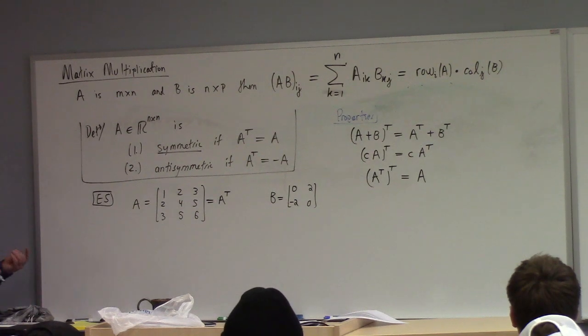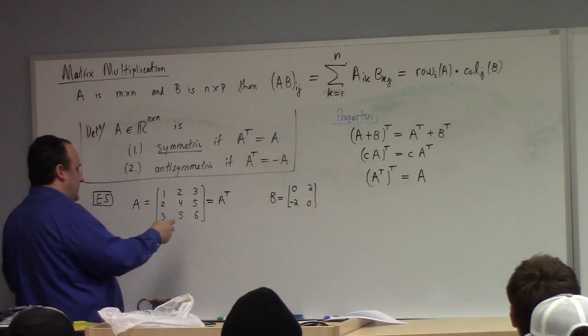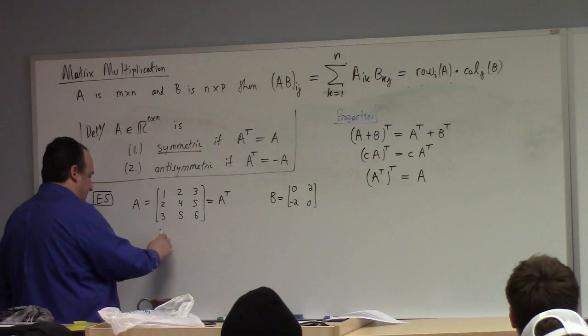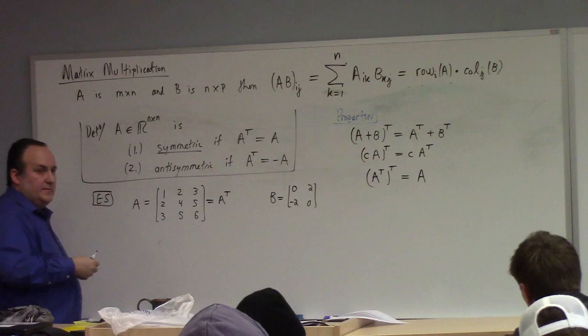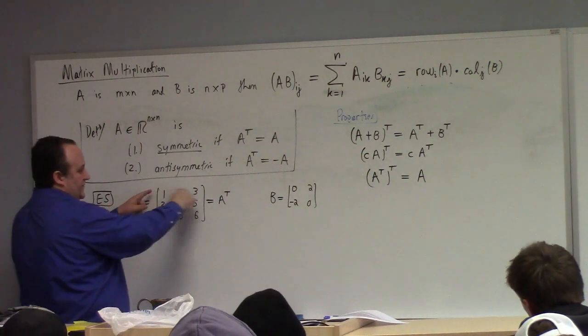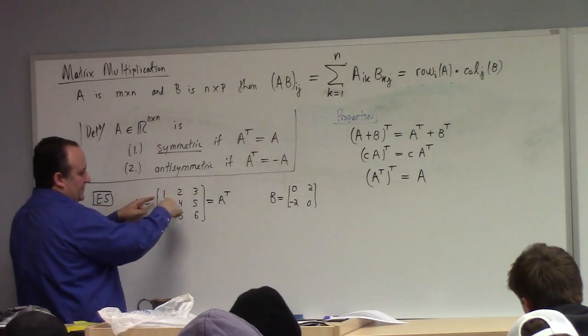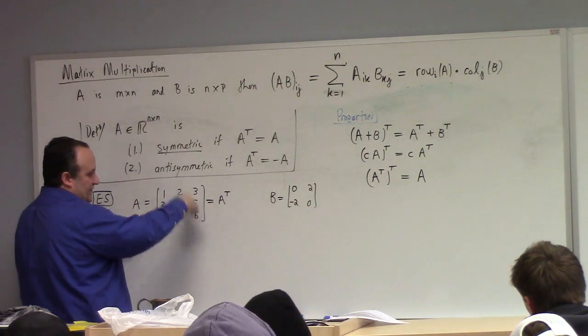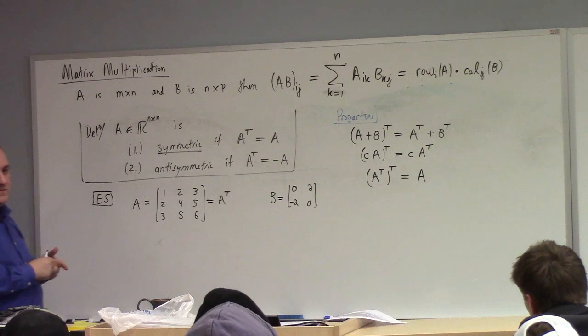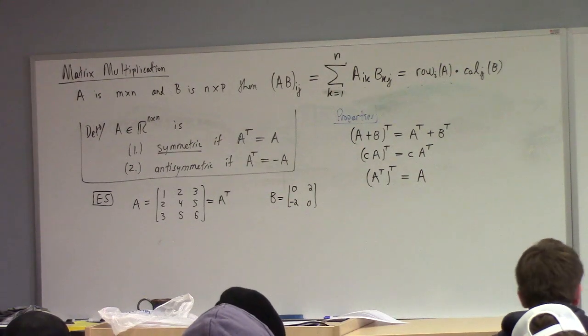So the way transposition works, remember we define A transpose to flip the row to become a column. If you look at this, the first row is the first column, the second row is the second column, and the third row is the third column transposed, right? So A is a symmetric matrix.